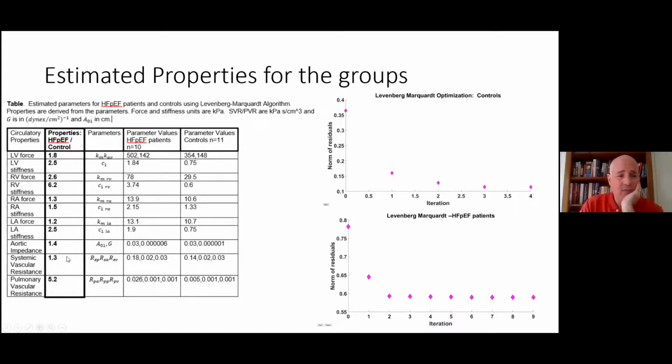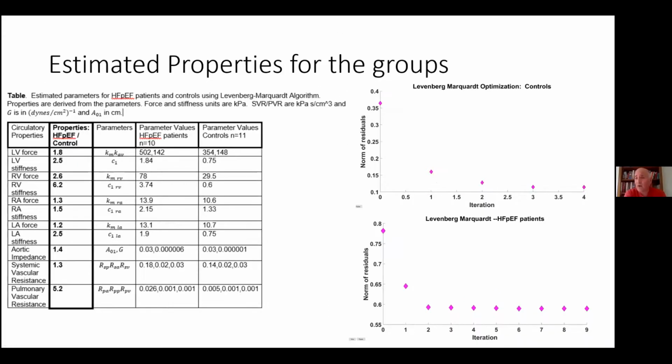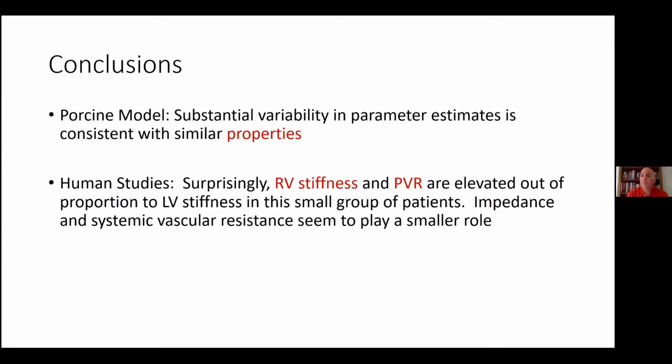And surprisingly, in this group of patients, the aortic impedance and systemic vascular resistance were not substantially greater in the HFpEF patients. So again, just early data that looks at how this algorithm might be applied to identify different phenotypes in HFpEF patients.